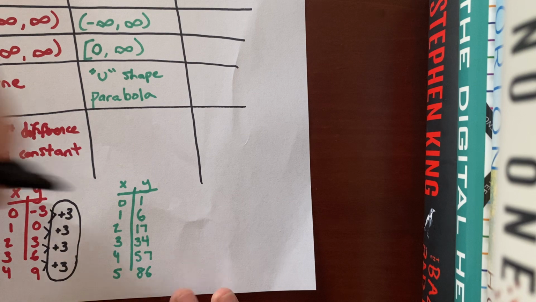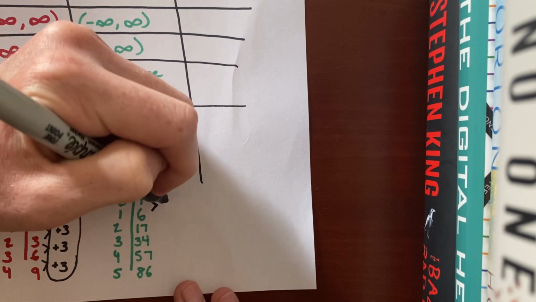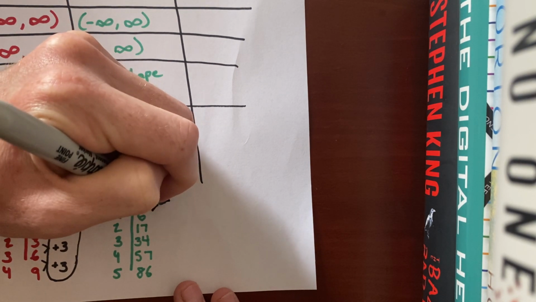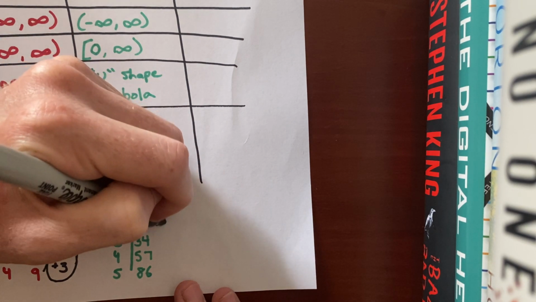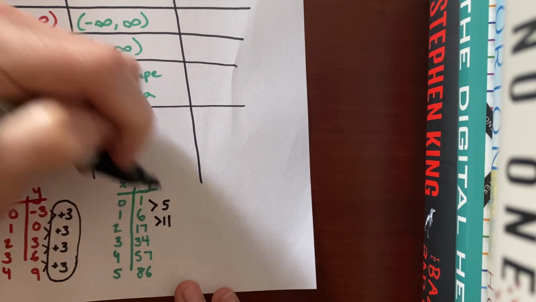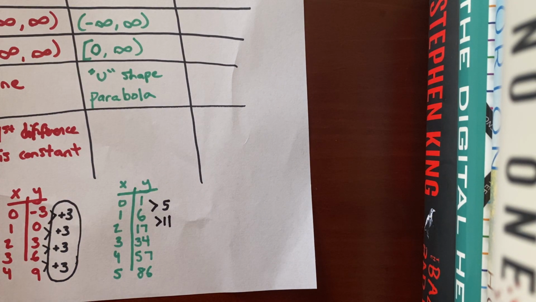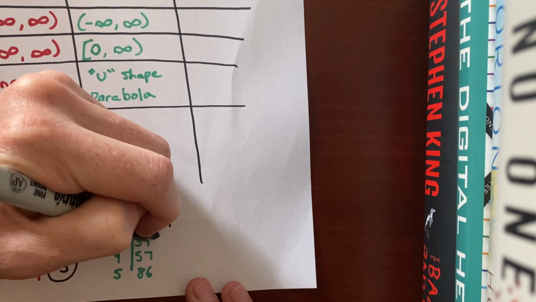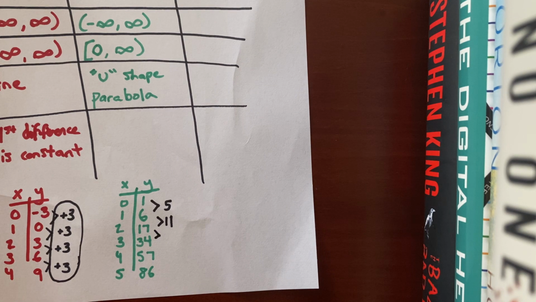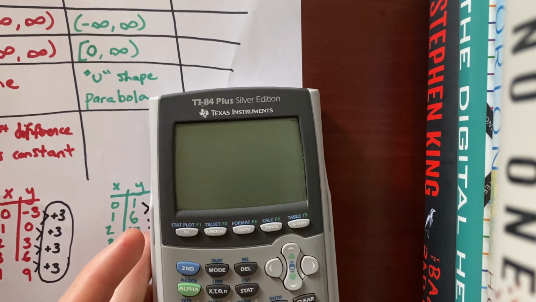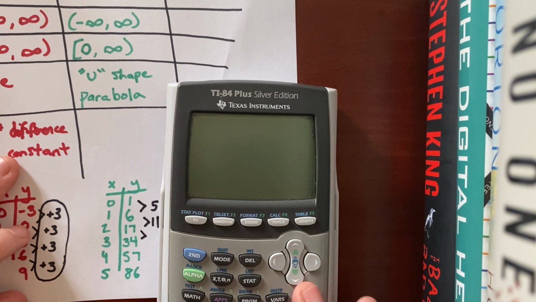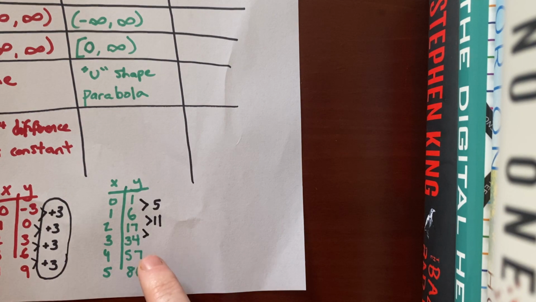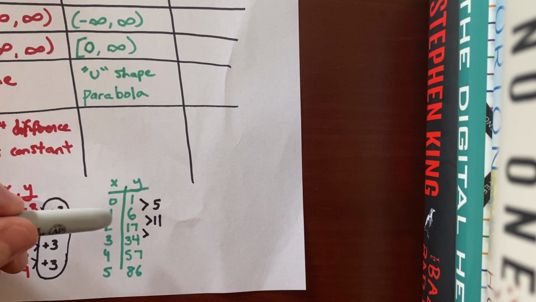All right, so between 1 and 6, that is 5. 6 and 17, that is 11. I want to make sure I don't make a mistake here. 17 and 34. If you are super sure that you don't want to make a mistake, grab a calculator. What we're doing is we're just taking, my calculator seems to be dead. Oh, yeah, she's dead. All right, we're just taking the second number and we're subtracting the first number.